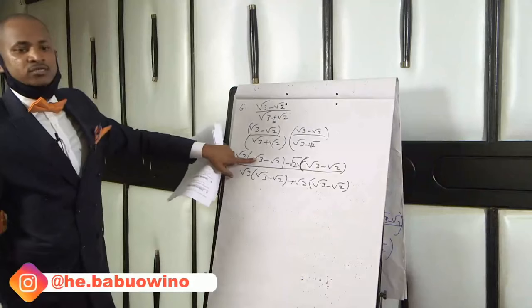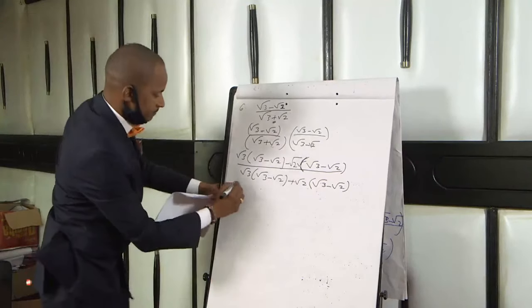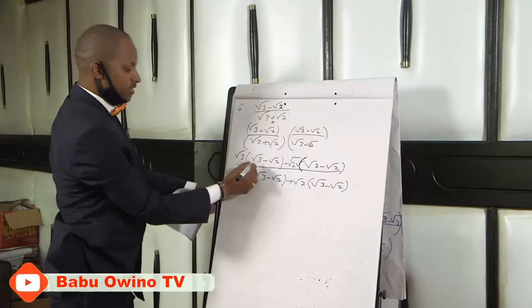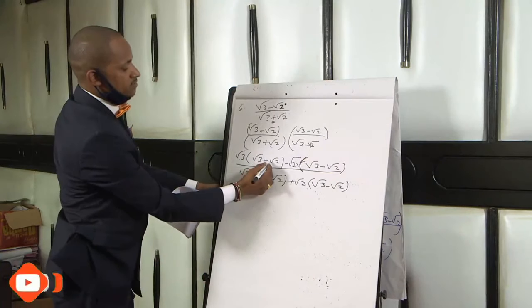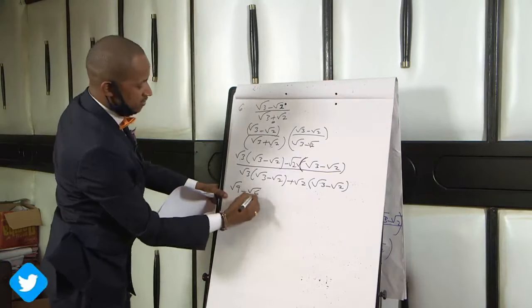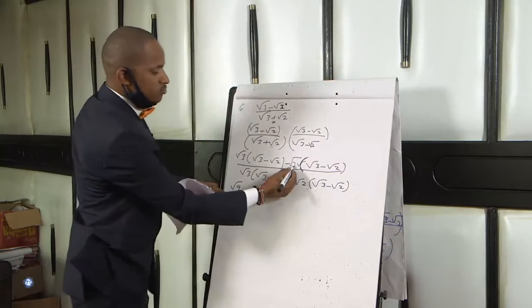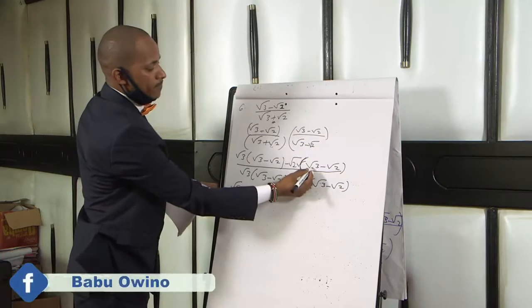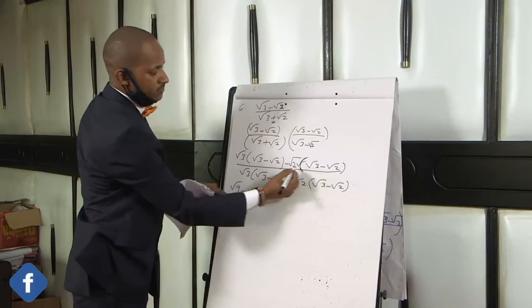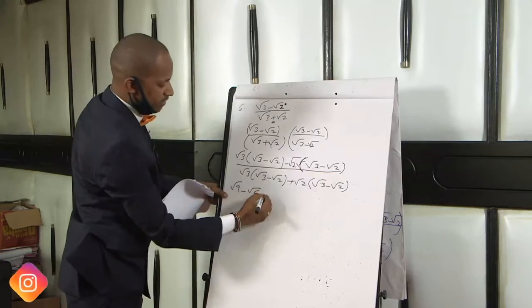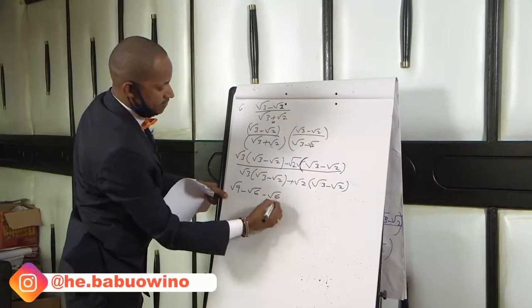Root 3 times root 3 is root 9. Root 3 times minus root 2 is minus root 6. Just multiply what's inside the roots. Then minus root 2 times root 3, multiply what's in the roots, you get minus root 6.